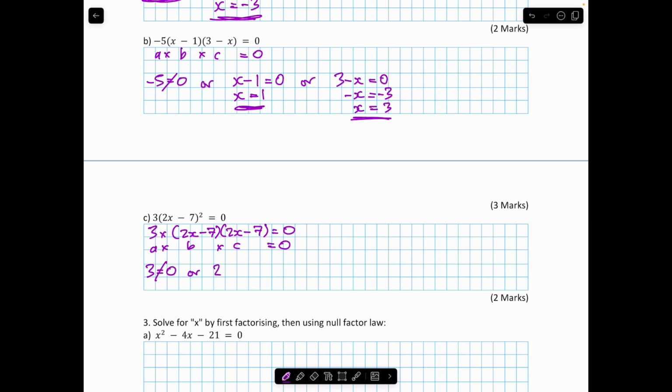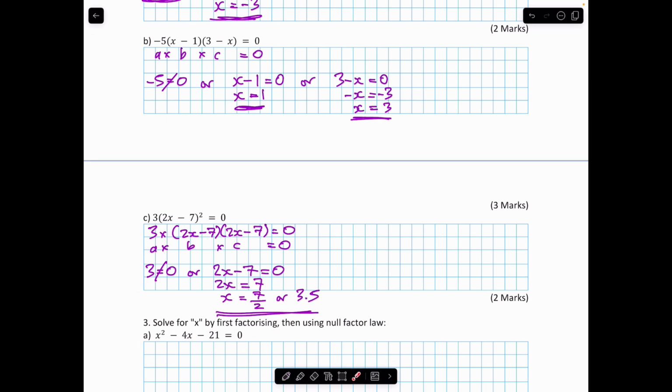Or 2x takes 7 equals 0. The opposite of taking 7 is adding 7. Opposite of timesing by 2 is dividing by 2. 7 on 2, which is 3.5. That's your answer there.